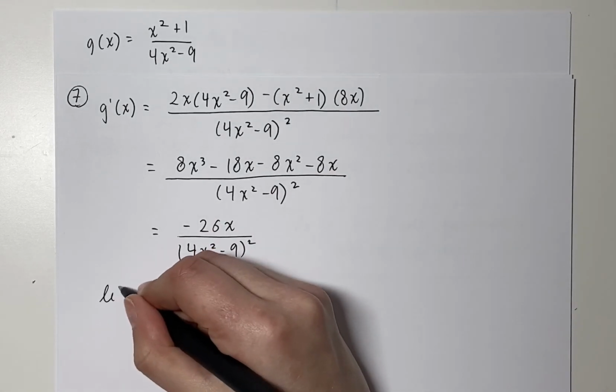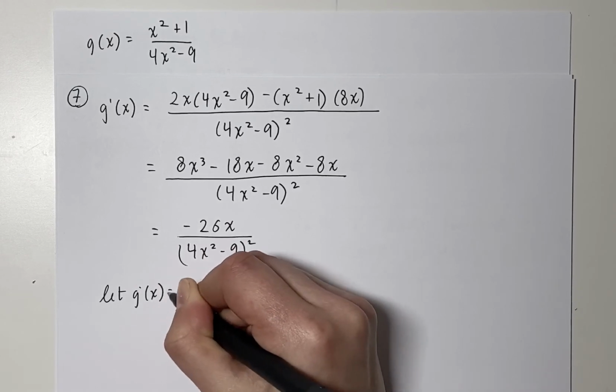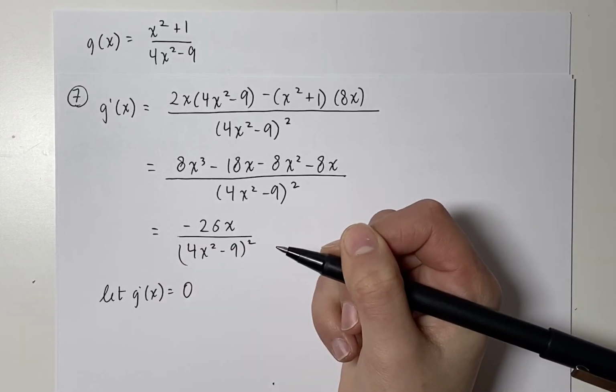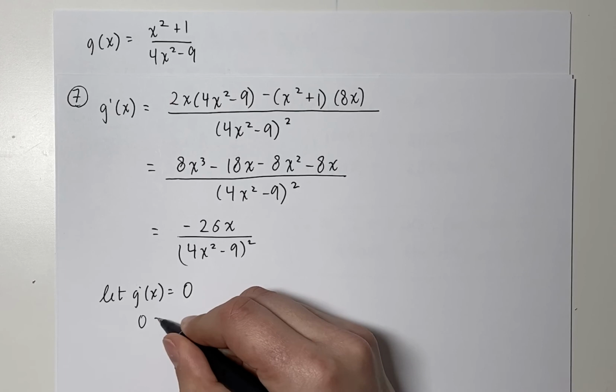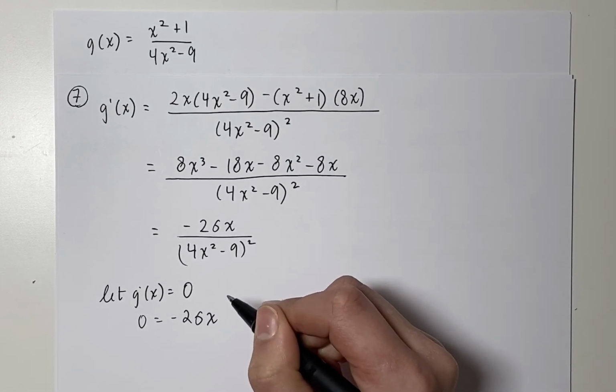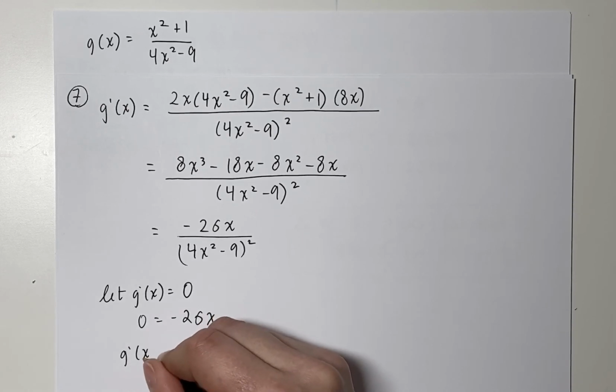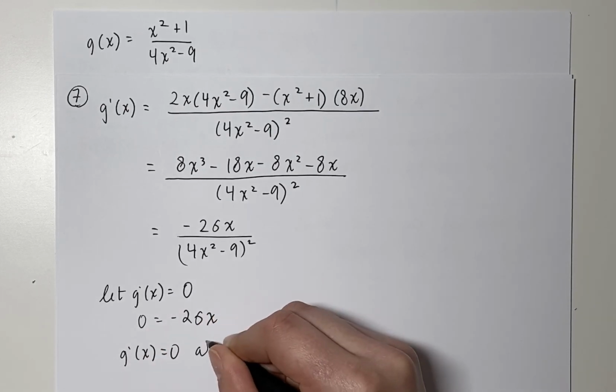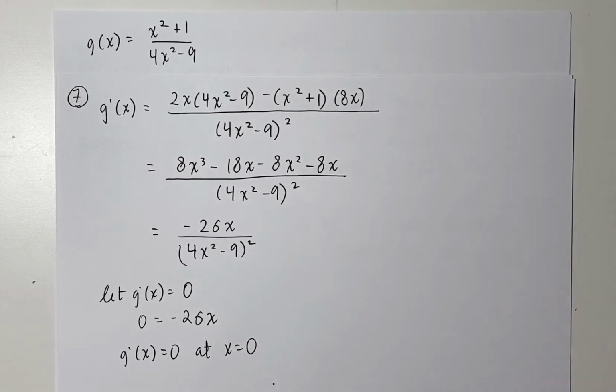Then we're going to let our g prime at x equal 0 so that we can find our critical numbers. So our 0 is just going to be equal negative 26x. Therefore, g prime of x is going to equal 0 at x equals 0.